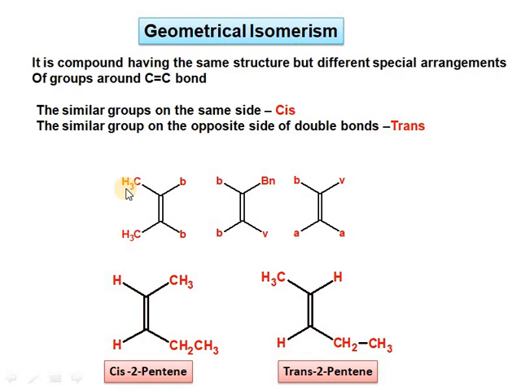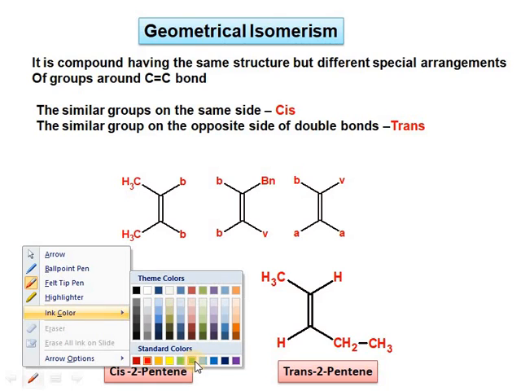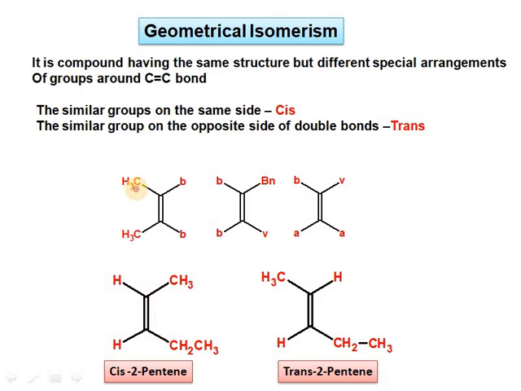For example, in this molecule there are two groups which are similar on the same side, which is called a cis isomer. In this other general example, the two groups are also on the same side, so it is a cis isomer.